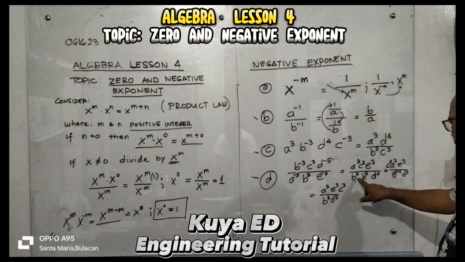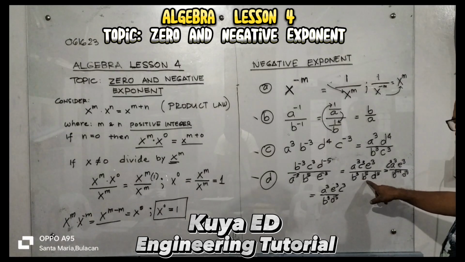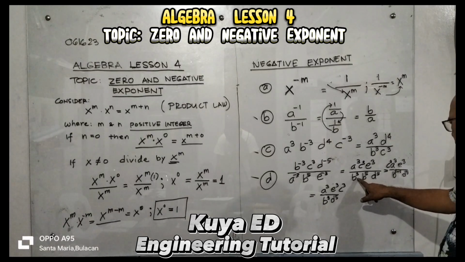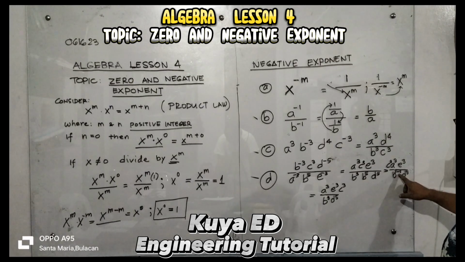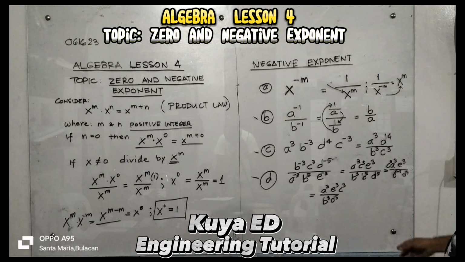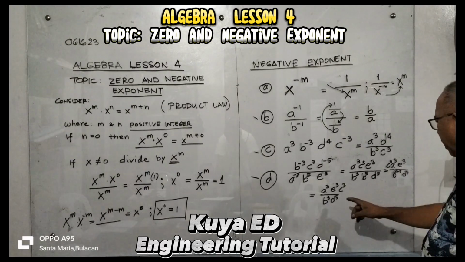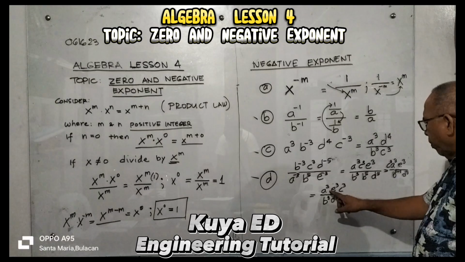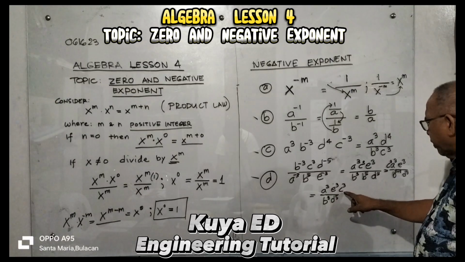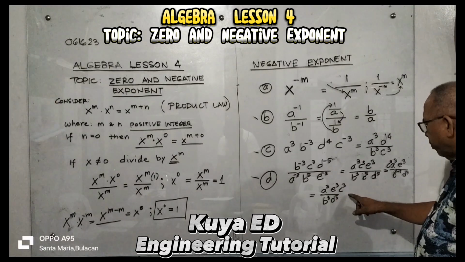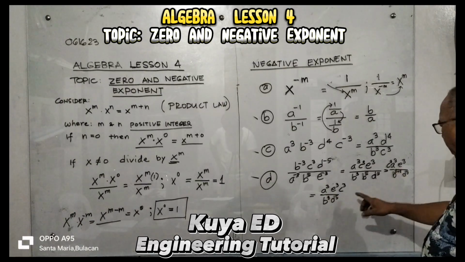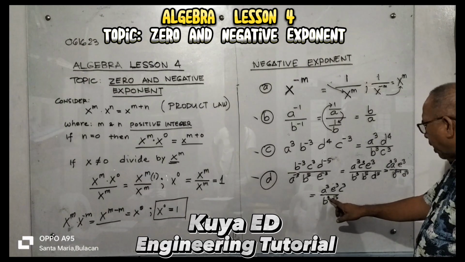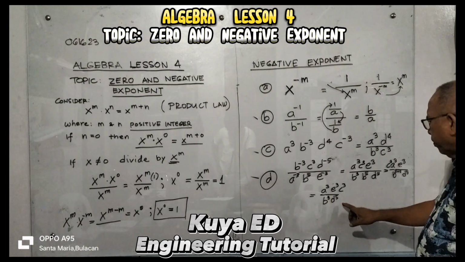Kaya lang, ito dito, B at saka B to the fifth at B to the cube, pareho ang base. Kaya i-add natin. Okay? So, D to the fifth. Therefore, the final answer now is A to the cube, E to the cube, and C to the cube over B, yung 3 plus 5 ay 8, B to the 8, and D to the 5th.